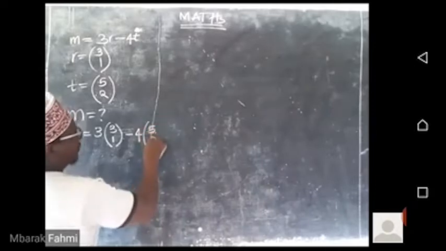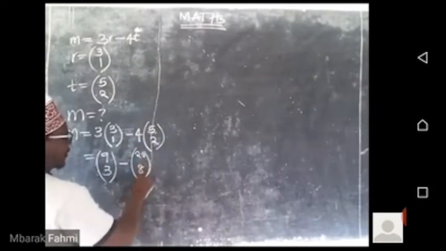From there we multiply: 3 times 3 is 9 and 3 times 1 is 3. Minus 4 times 5 is 20 and 4 times 2 is 8.